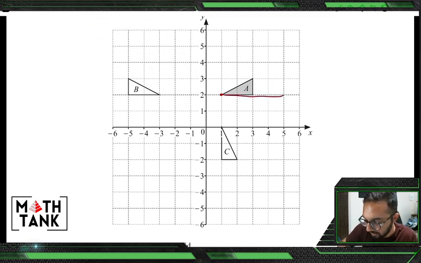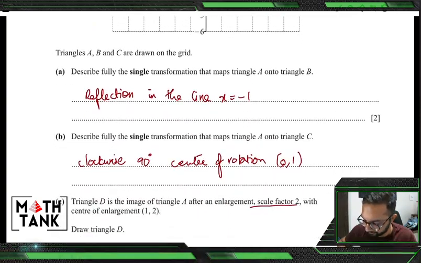So this distance becomes larger. This point had a 0 movement, so it's going to stay there. Then this point has a movement of 2 and 1, so it's going to get a movement of 4 and 2. That's what the new shape is going to look like. That's triangle D.